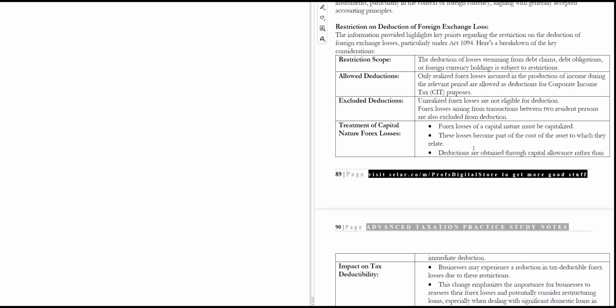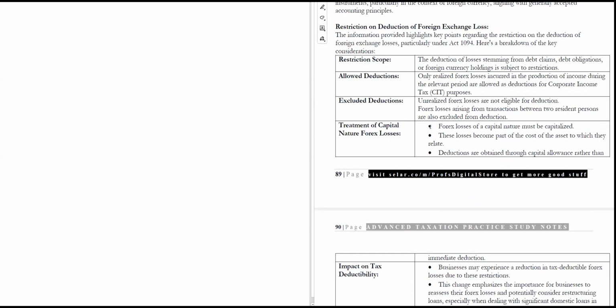Let's go back. The whole thing is that with the passing of the Amendment Act, we learned that only realized forex losses incurred in the production of income during the relevant period are allowed for tax purposes, right?